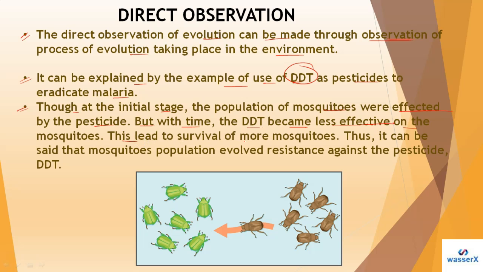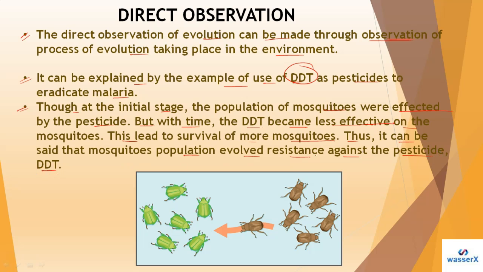This led to the survival of more mosquitoes, because those mosquitoes had made changes at the molecular level, in their DNA, due to the effects of DDT. Because of this drastic change at the DNA level, they resist that kind of pesticide. Thus it can be said that the mosquito population evolved resistance against the pesticide DDT.